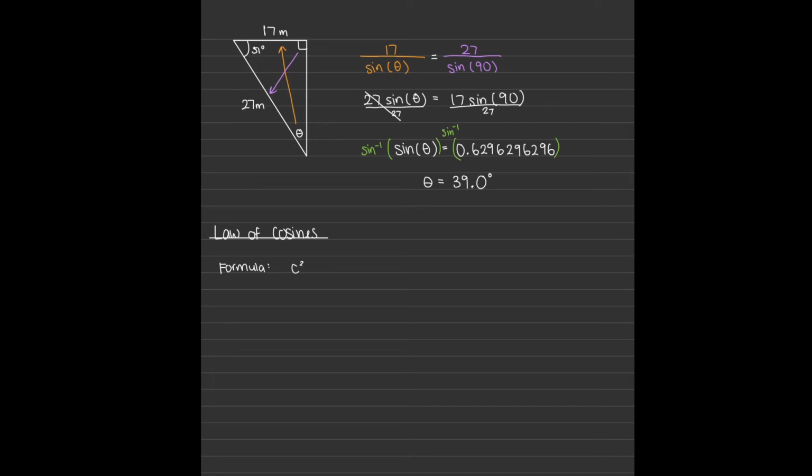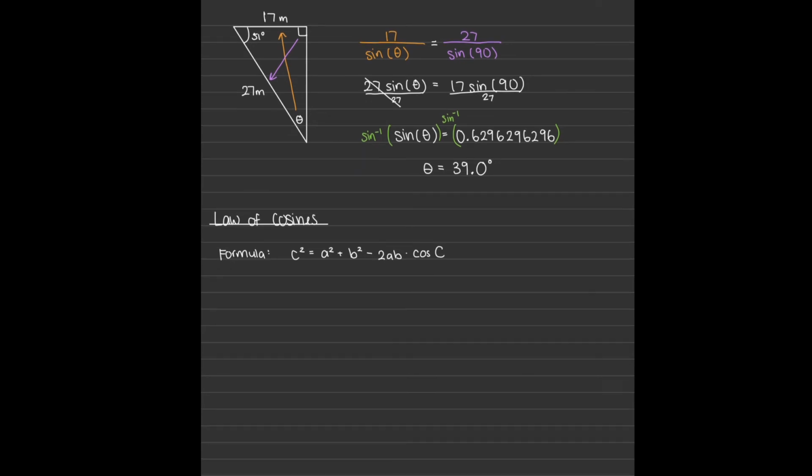It is c squared, so lowercase c squared is equal to lowercase a squared plus b squared minus 2ab, all lowercase, times the cosine of capital C. So that is what the law of cosines looks like. Again, be intentional with your lower cases and upper cases. This is our only capital, so this is our angle. All these other three things are side lengths.